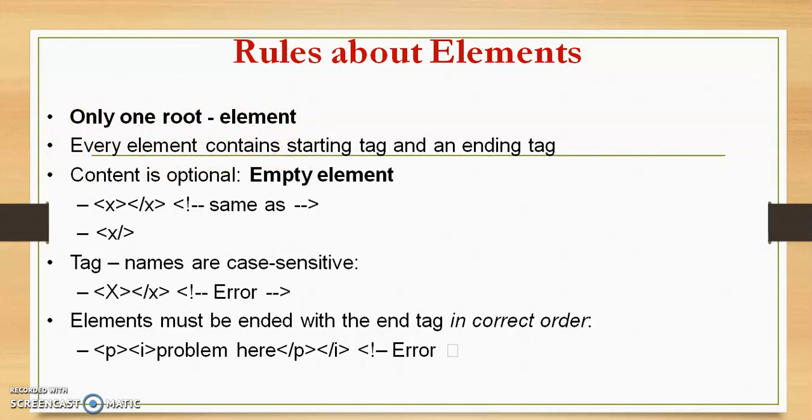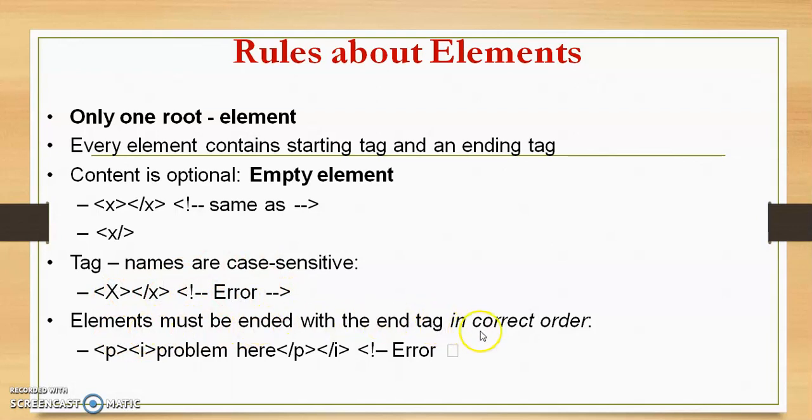The content is optional. It may be an empty element. For example, it can have an X tag with a closing tag. It can also be represented as X followed by the backslash. The tag names are case sensitive, and if you use a capital letter, it should end with the capital letter. If it is in a different way, then an error occurs.